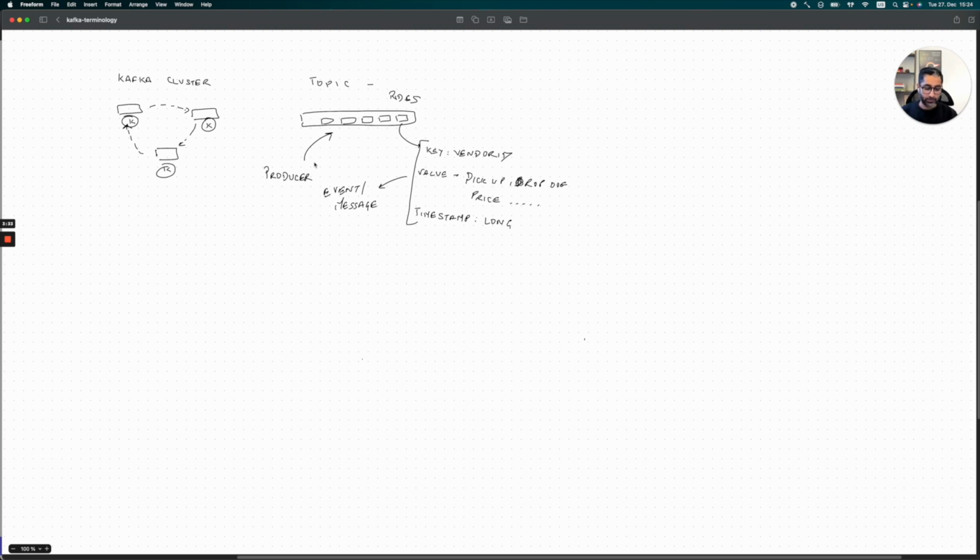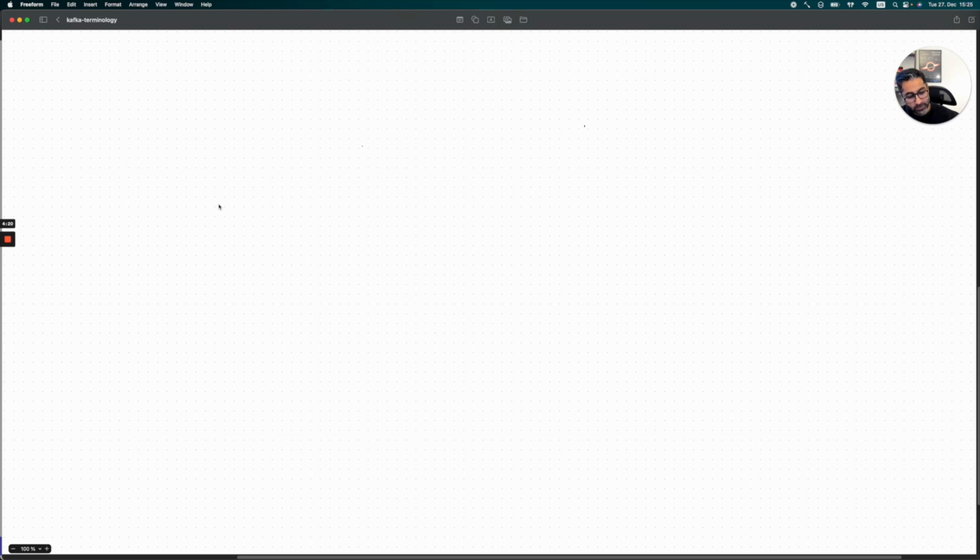All right. So we already talked about the Kafka cluster. Let's talk about how Kafka provides reliability. We have our nodes, so we already talked about them. Let's assume that we have a cluster with 3 nodes. These 3 nodes are communicating with each other to form the Kafka cluster which we talk about.